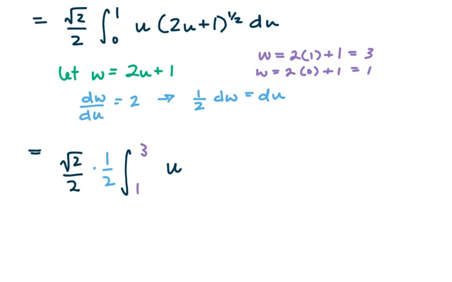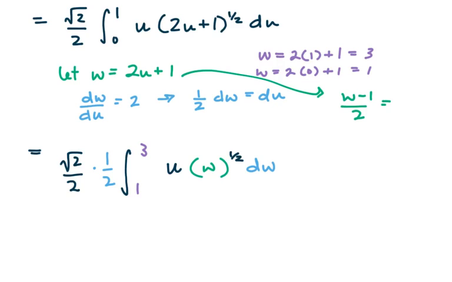of u. So there's still a u. I didn't figure that out yet. So there's a u, and then 2u plus 1 is w to the 1/2 dw. So we still have a u in there, but that's pretty easy for us to figure out because we can say, well, w minus 1 over 2 is equal to u.